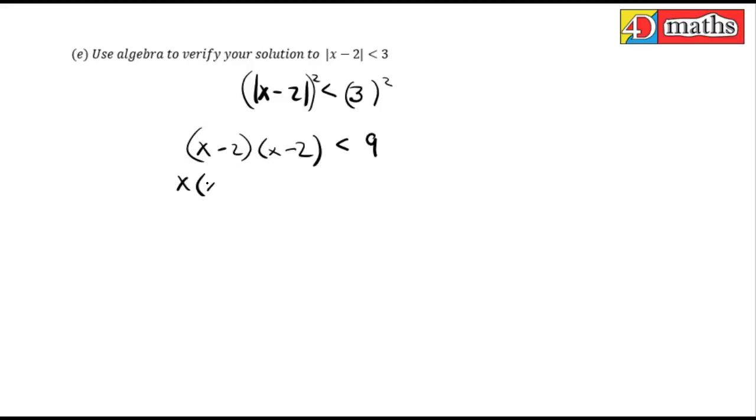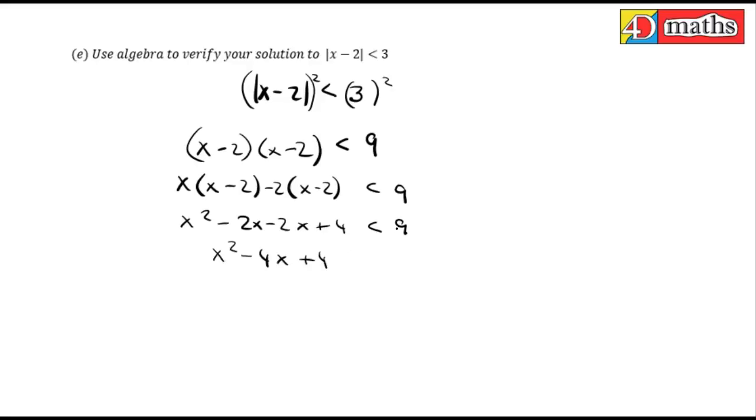Multiply it out by splitting the brackets: x squared minus 2x minus 2x plus 4 less than 9, which works out to be x squared minus 4x plus 4. I'm going to bring the 9 across: minus 9 less than 0. x squared minus 4x minus 5 less than 0.